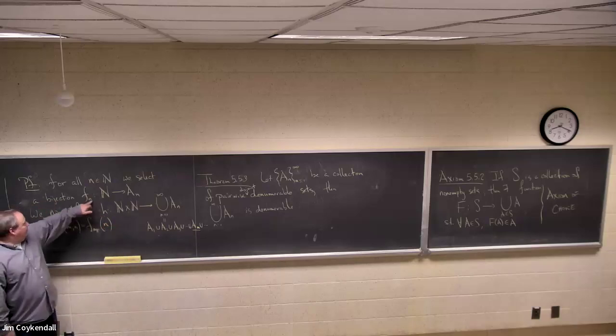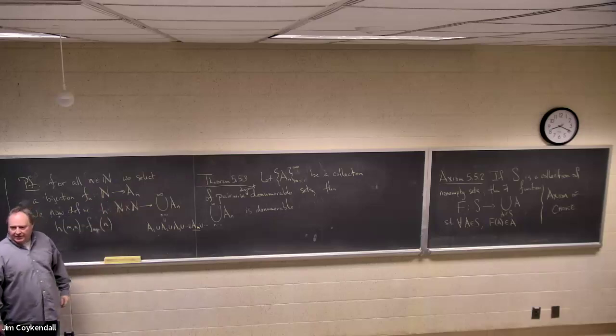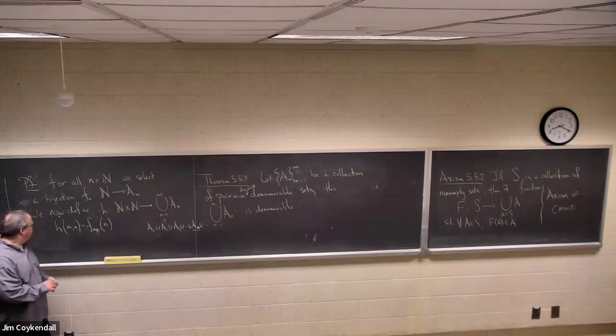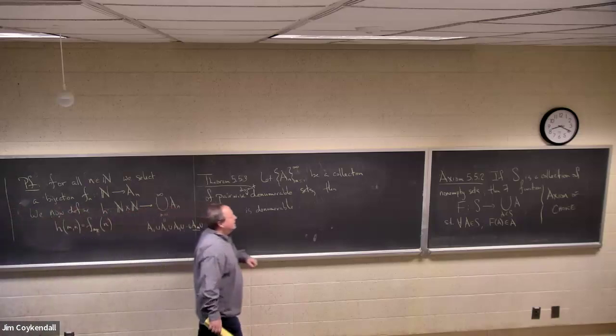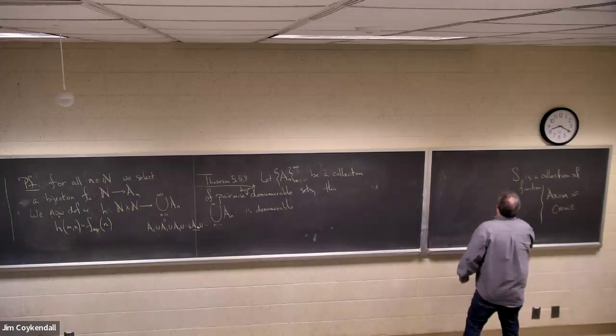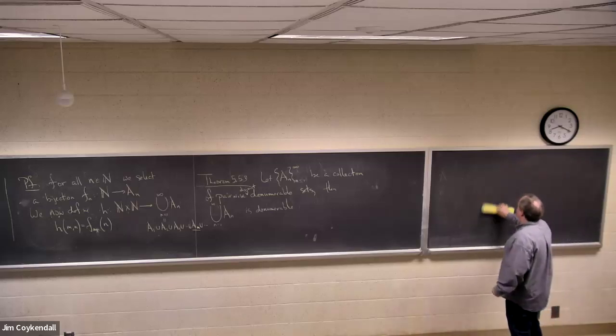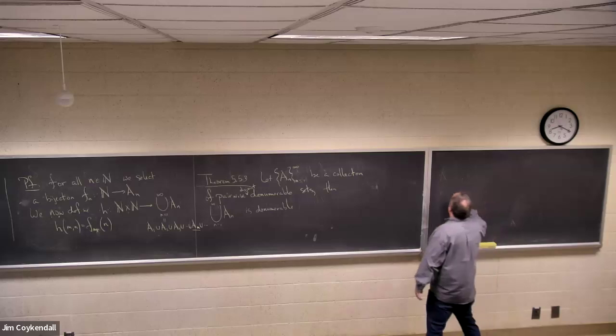So this says to use the nth one, because I'm going into A_m, and then choose the nth one of those. Now, let's see if we can prove that this is a bijection. So this might be a good exercise.